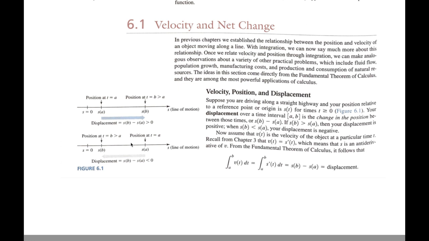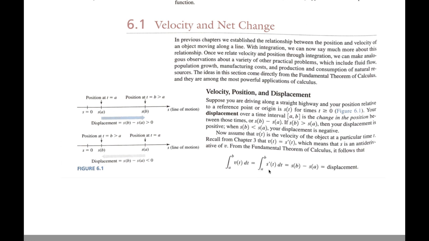We have learned that integration is the inverse of differentiation. If by differentiation we get the velocity from the position, then integration should give us back the position function from the velocity function. To begin with, if we know v of t and take the integral, then this means that we take the integral of s prime of t.